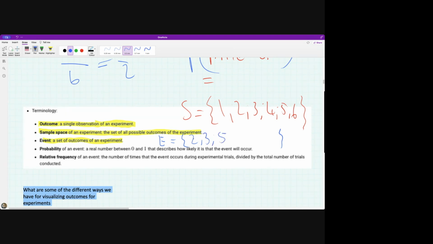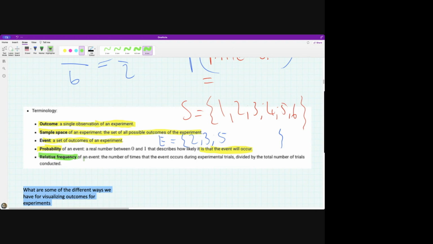So if I threw a 2, a 3, and a 5, I had the event of getting a prime number. And so these are outcomes that are all inside the event throwing a prime number. Probability is just a scale between 0 and 1. It tells you how likely something is to occur. We've discussed that already. And then what's relative frequency?